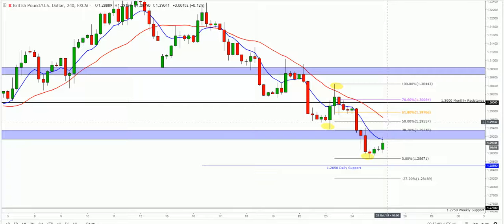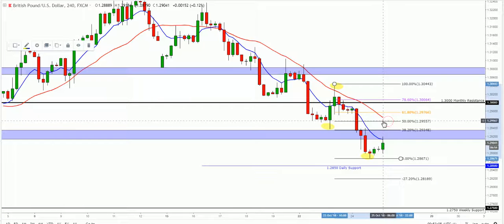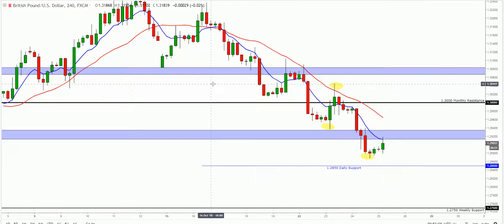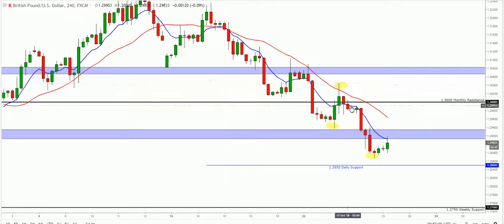However, this does seem to be one pair that currently I'm seeing further downside. So regardless, even if we do see dollar weakness, I do think the pound could still underperform the dollar and continue to edge lower.